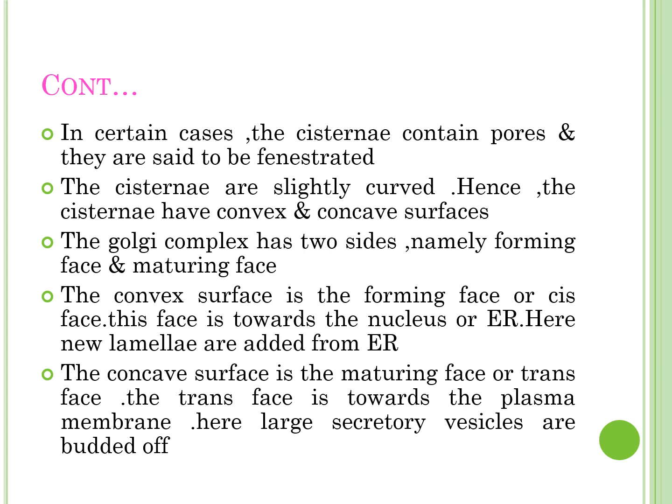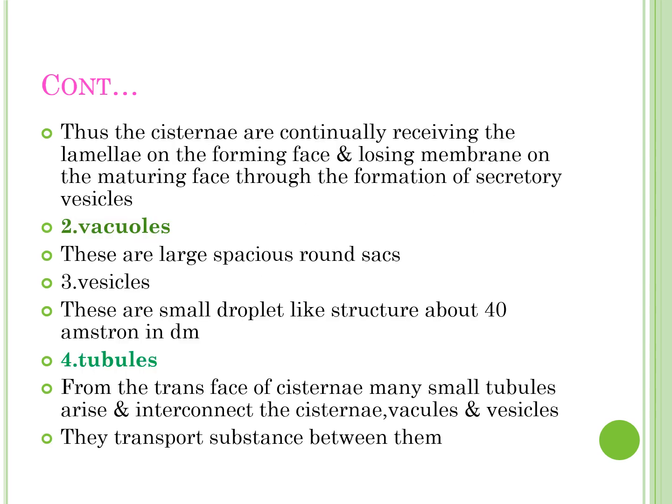The trans phase is towards the plasma membrane, and it has large secretory vesicles where they are budded off. Thus, the cisternae are continually receiving lamella on the forming phase and losing membrane on the maturing phase through the formation of secretory vesicles.